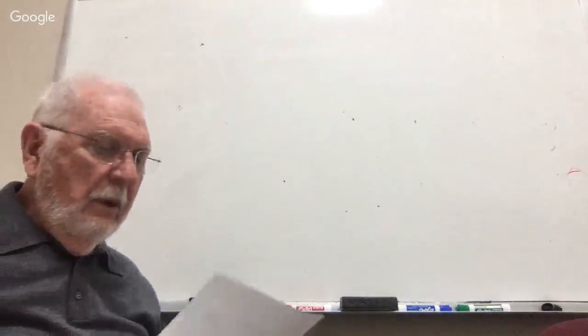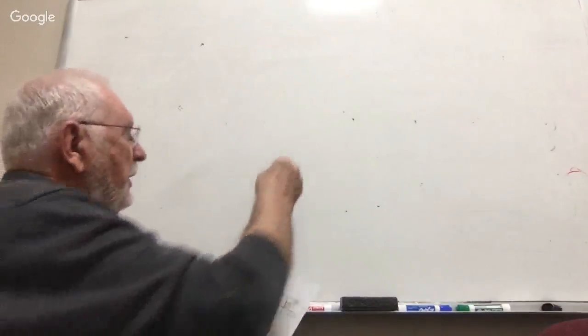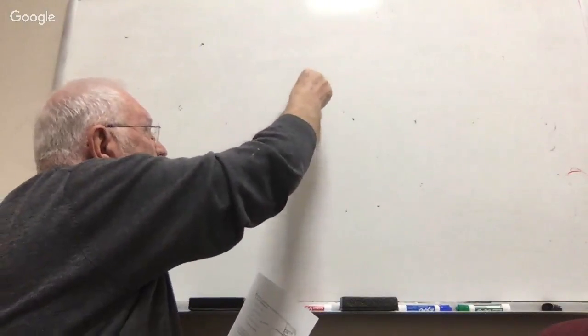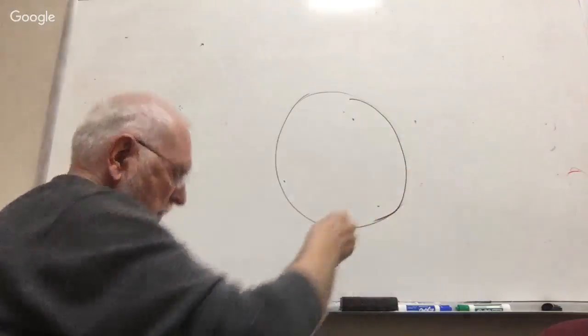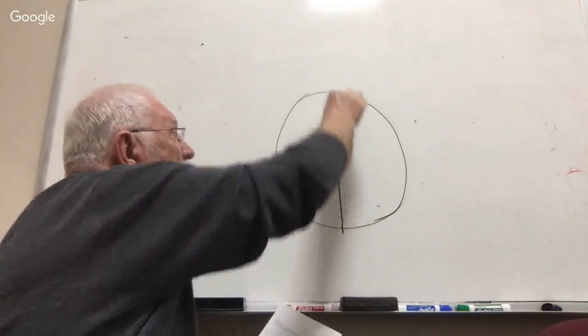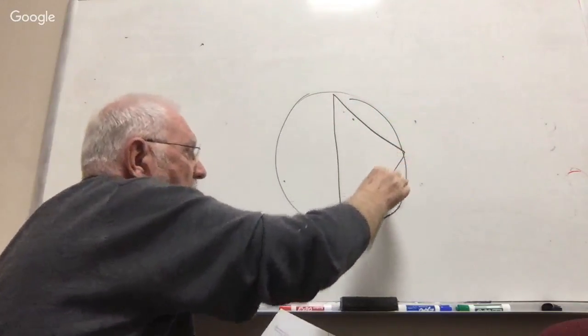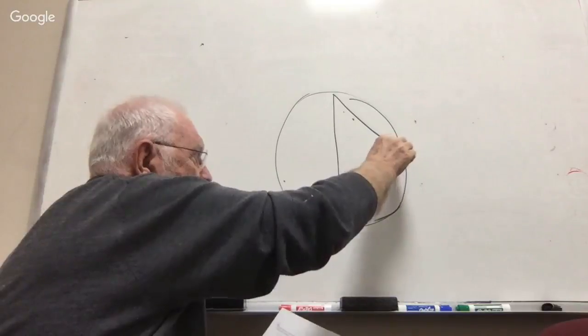All right, now here's one that's got a little bit of trig in it. I know this is not trig, but we'll see if we can remember some of these same little theorems that we've been playing with. All right, this is a right angle.